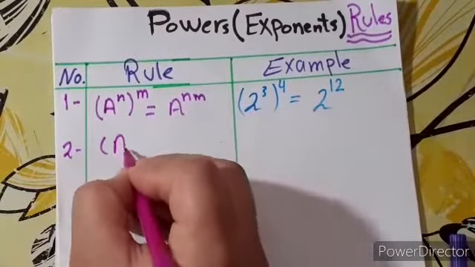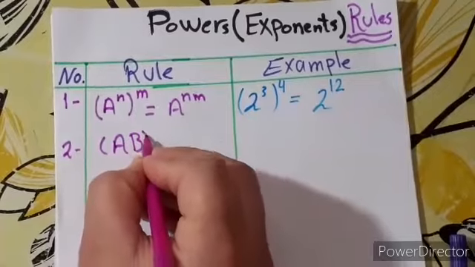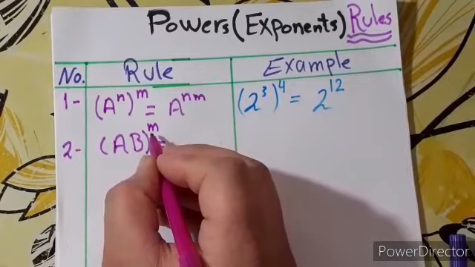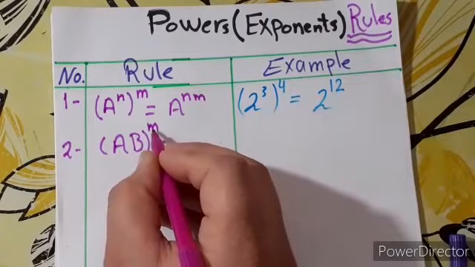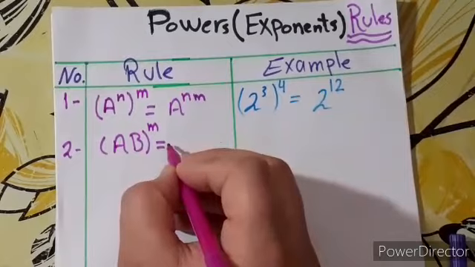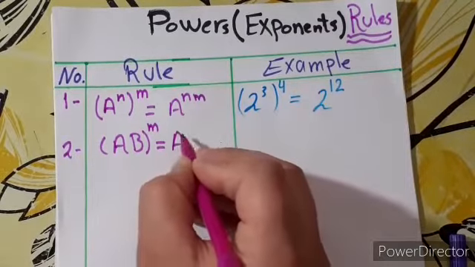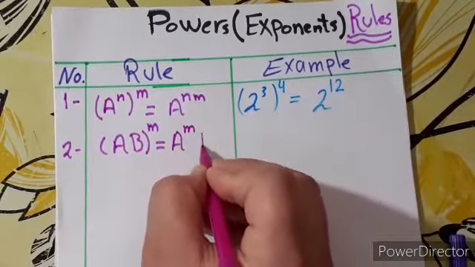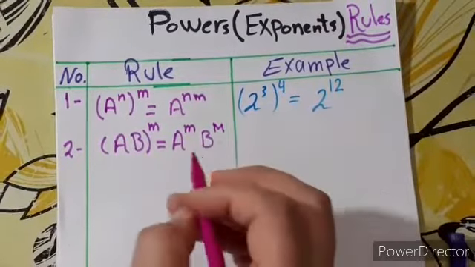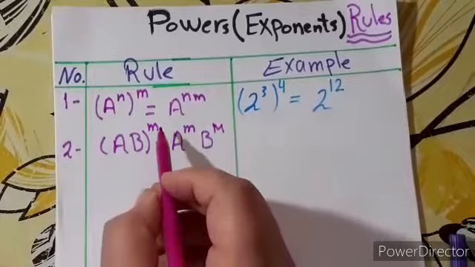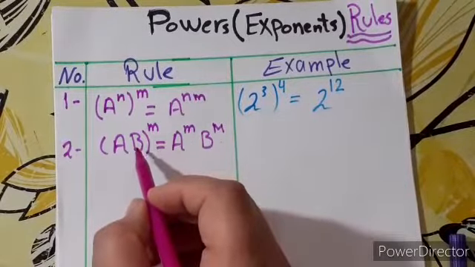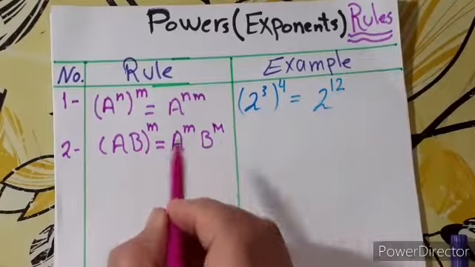If we have two bases A and B, all power m, we must distribute the power m on the two bases A and B. So we write A power m, B power m. So the power m is distributed by the two bases A and B.